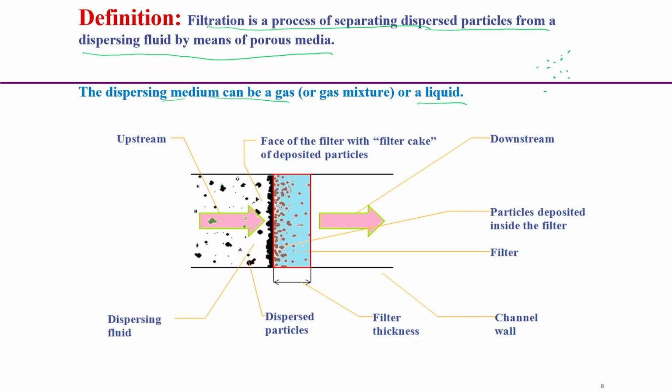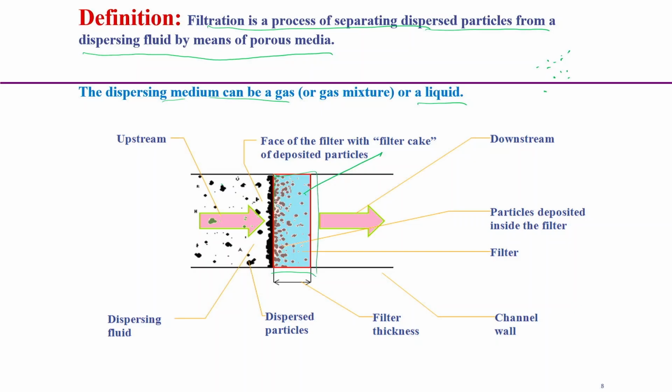At present we can assume it as air. So, on the upstream side the pollutants are there, and this is the face side of the filter media. This is a filter media. In our case it is a textile fabric. So, the filter fabric is there.